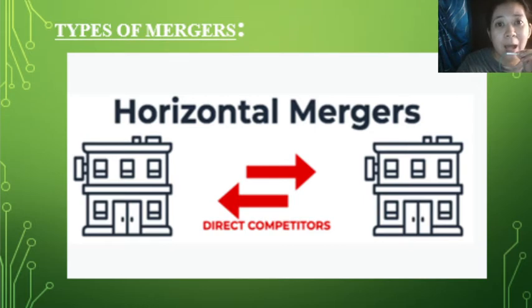Instead of having two different and competing firms and market shares, they combined into one so that they can become a huge firm. Because they are working in the same product or industry, they will have a greater advantage already because they have combined.